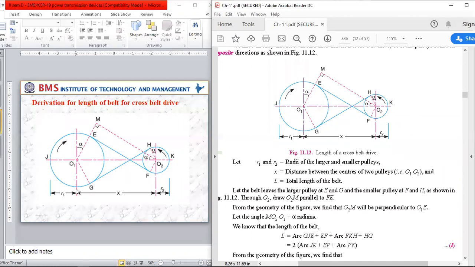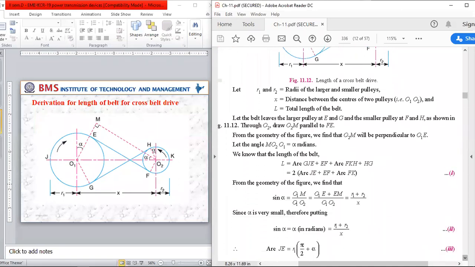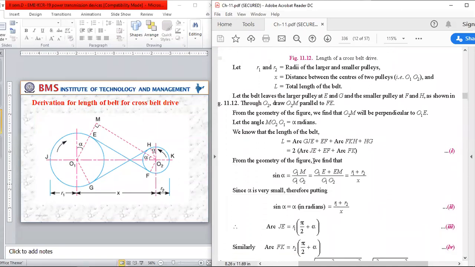Because the arc length GJ is equal to JE, I can make it twice the arc JE in this case. So twice the arc length of JE plus EF, and EF is equal to GH.